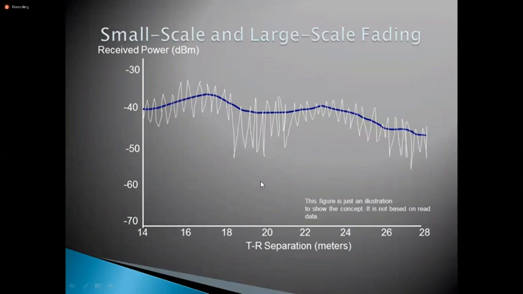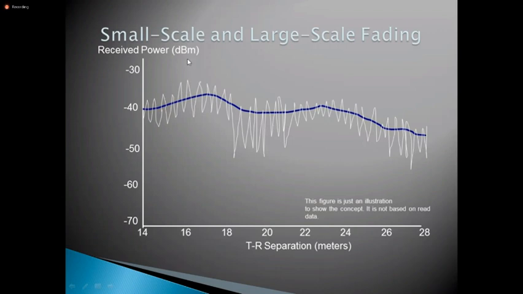Then this is the representation of both small scale and large scale fading in the same diagram. මේකම diagram එකේ small scale සහ large scale fading පෙන්නලා තියෙනවා. මොකද්ද large scale fading එක? Large scale path loss එක. When the transmitter and the receiver have a lesser distance, the received power is high, but when the distance increases, the received power is less.